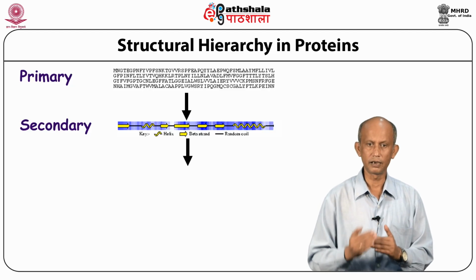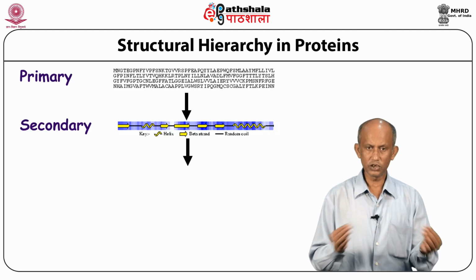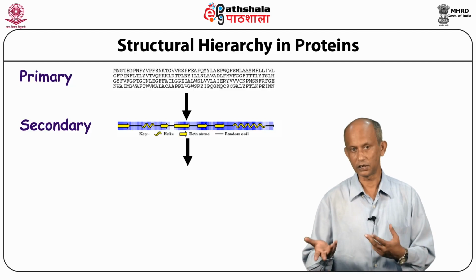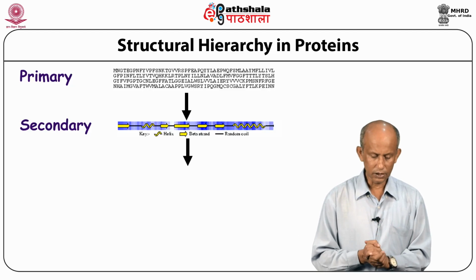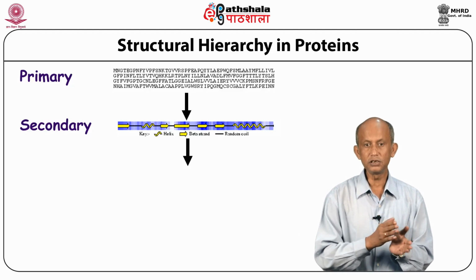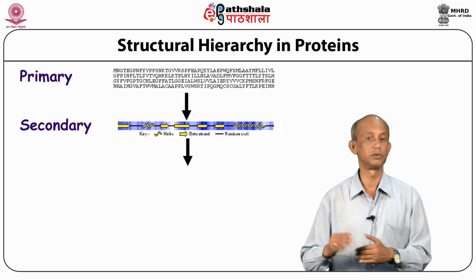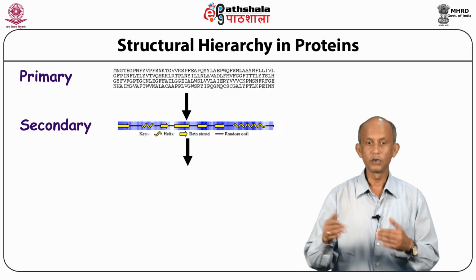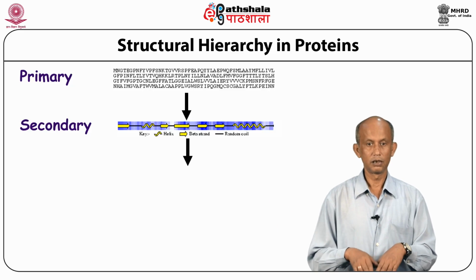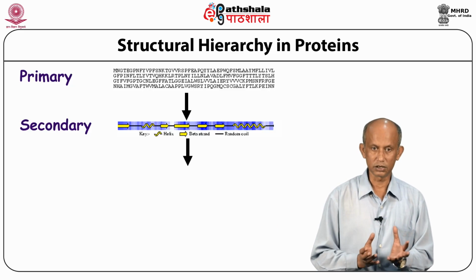At the next higher level, the protein chain, which now might be having secondary structures, then folds on itself, such that regions in the sequence, which may be very far apart in the sequence space, can come close together in the real three-dimensional space.